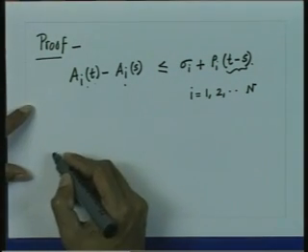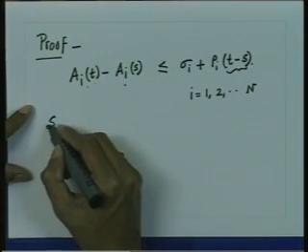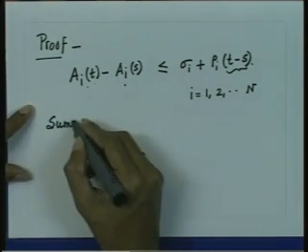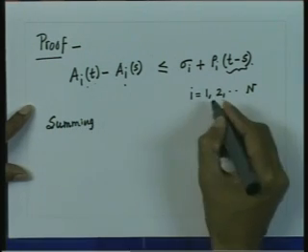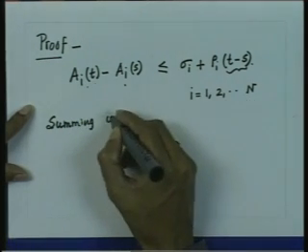Now we sum up all such inequalities for i equal to 1 to n.